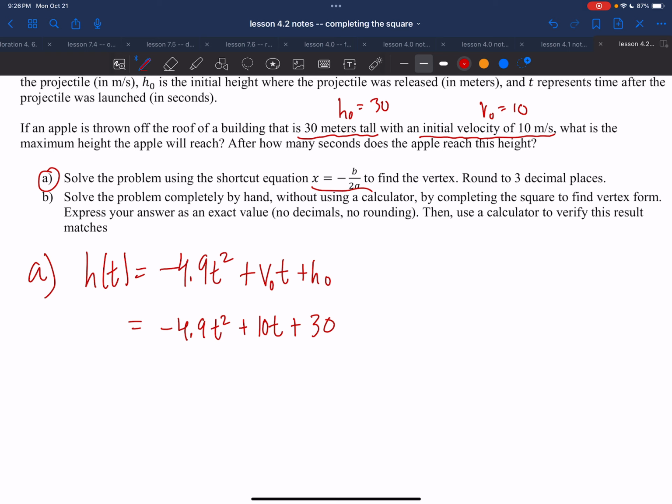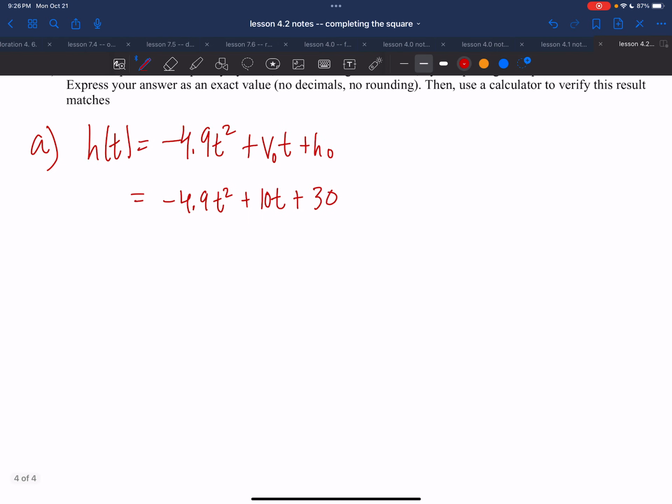Option A says, solve the problem using the shortcut equation, x equals negative b over 2a, to find the vertex. If you remember from class in lesson 4.1, here's how the shortcut works. Time at max height.